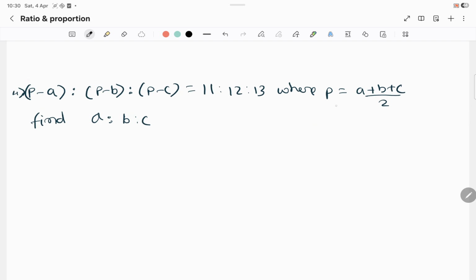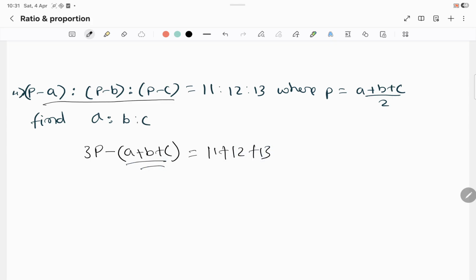First of all, P is equal to A plus B plus C by 2. If you add all these three, P is repeated 3 times, 3P minus A minus B minus C. Now if I take out common, minus A plus B plus C, it is 2P, and this is equal to 11 plus 12 plus 13. Transpose this to this side: 3P minus 2P is equal to 11 plus 12 plus 13.